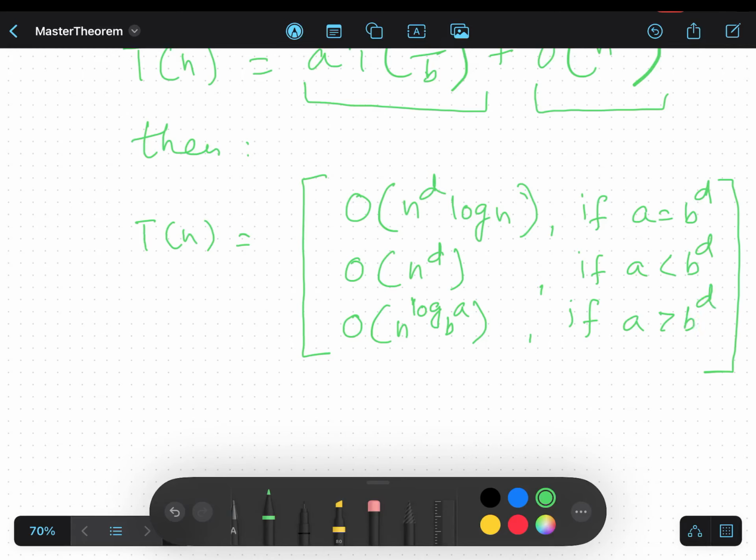And this is your master theorem. Now, how this master theorem is going to solve recurrences? Let's take a few examples so that it is more clear to you and you are able to grasp the whole concept.